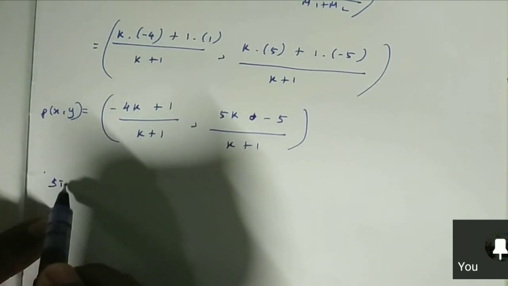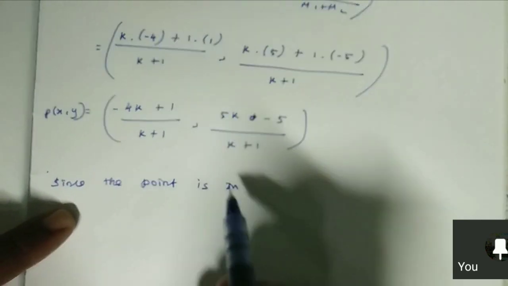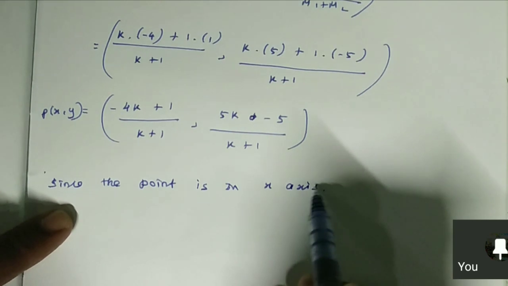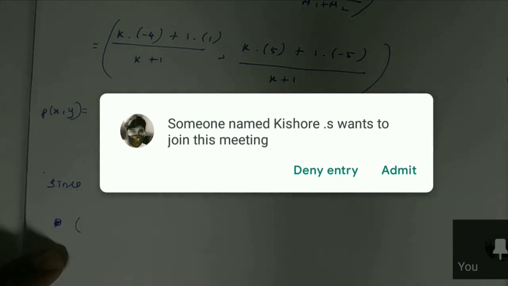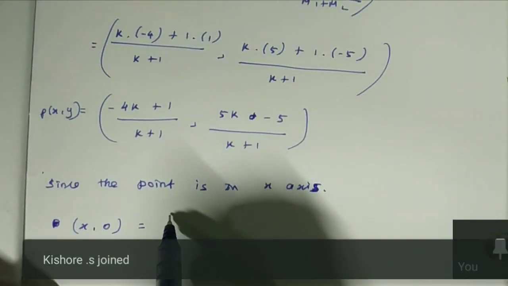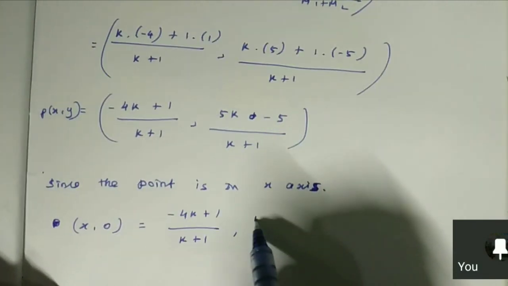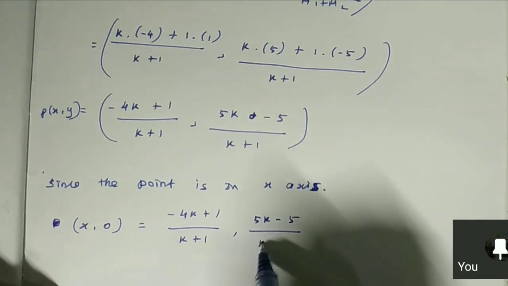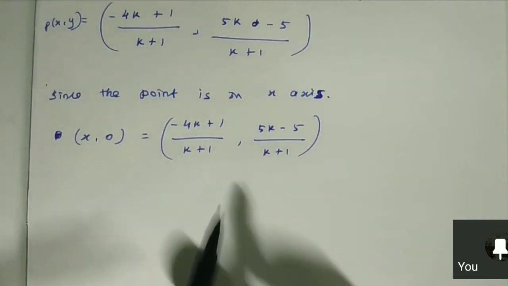Therefore, since the point is on the x-axis, the y value should be 0. So (x, 0) equals ((-4k + 1) divided by (k + 1), (5k - 5) divided by (k + 1)). Now you just equate the x coordinates and the y coordinates.